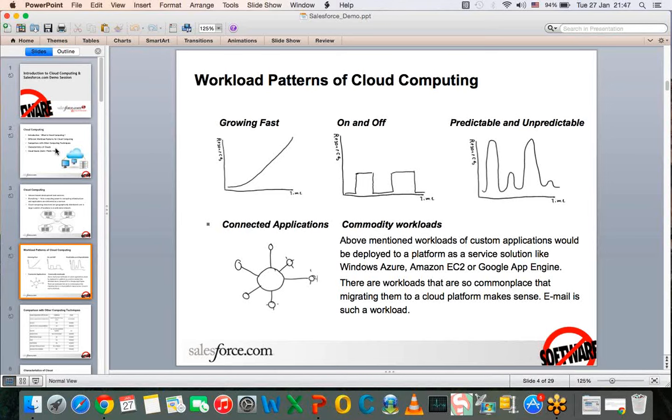So at that point of time, they immediately hire the resources, instead of hiring on a planned basis, they hire on the go, whenever they have breaking news, or when they know this breaking news will last for another couple of days. It's unpredictable, still they will be able to manage it using cloud computing just by adding additional resources. So you need to pay extra for that if it is unpredictable.